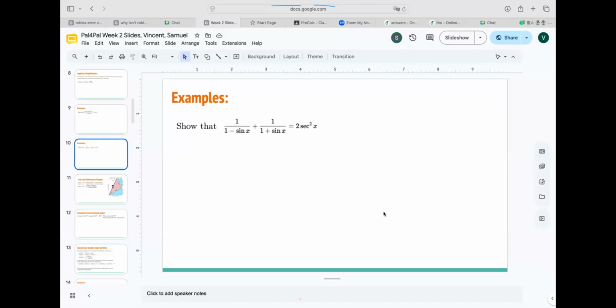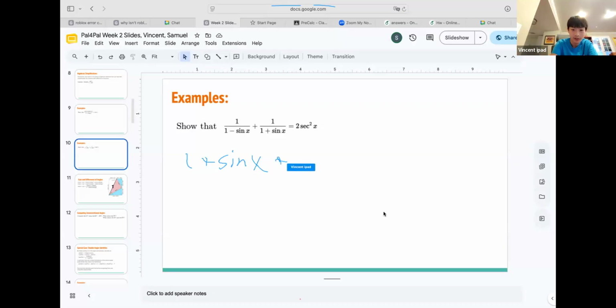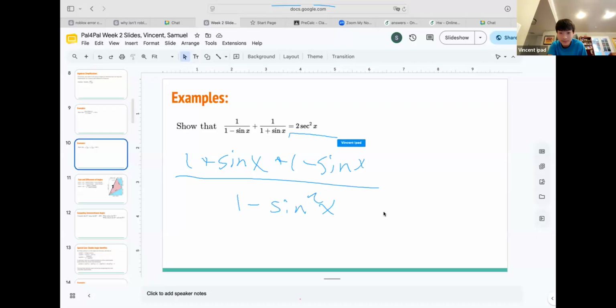So then you just combine the fractions. And then you get 1 plus sine x plus 1 minus sine x divided by 1 minus sine x times 1 plus sine x. Okay, that's the first step. I'll just simplify the bottom. Okay, so using this, does anyone know how to get 2 times secant squared x?